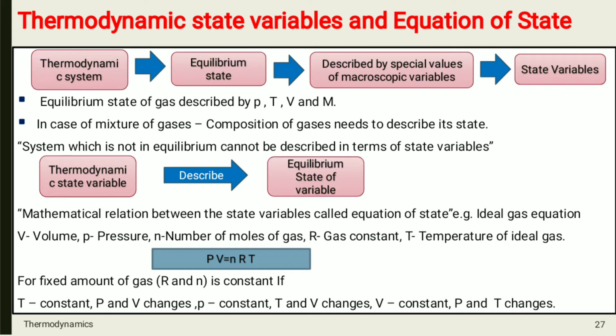Means if a thermodynamic state is not in equilibrium, you cannot describe it in state variables. You have to confirm whether the thermodynamic system is in equilibrium or not. If the system is in equilibrium, then you can describe that thermodynamic system in the form of state variables.